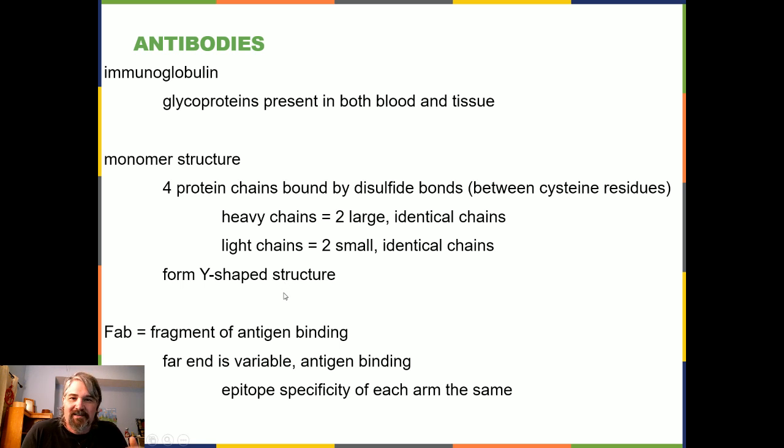They form this Y-shaped structure, the monomer. I'll show you the cartoon next. And we have the Fab region, which is short for the fragment of antigen binding. The far end is variable, and that's where antigens are able to bind. The epitope specificity of each arm is the same.